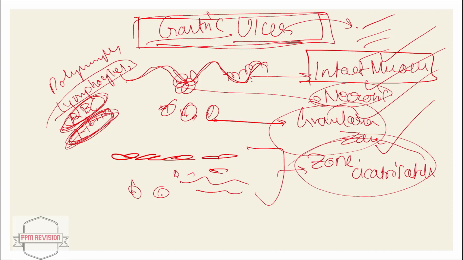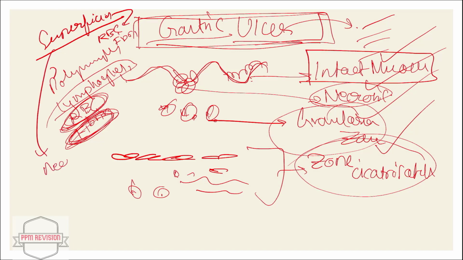fibrous tissue. So let's just recap what is seen. There's a superficial zone, which contains all these cells, RBCs and fibrin. Beneath this, there's a necrotic granulation zone. Below this, there's a broad zone of healthy granulation tissue.